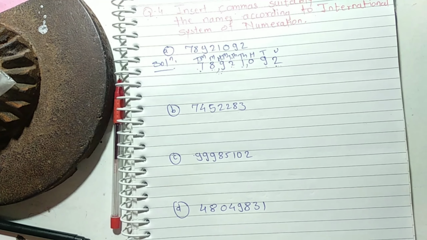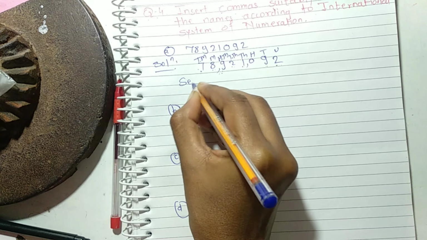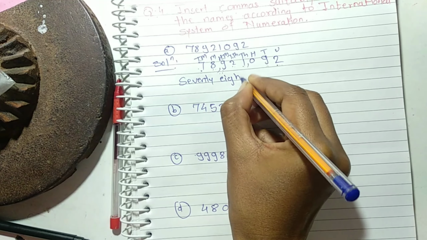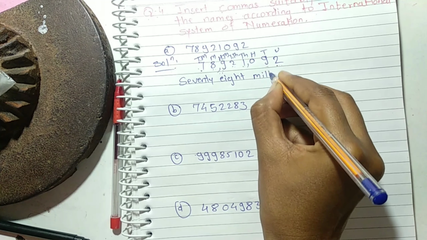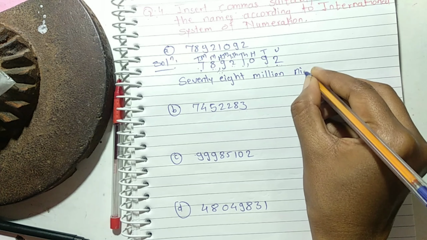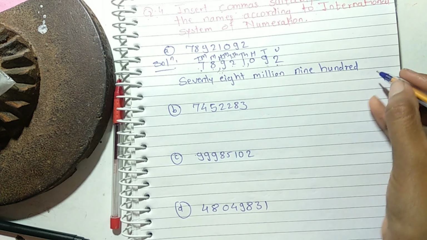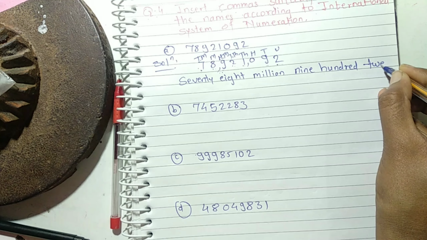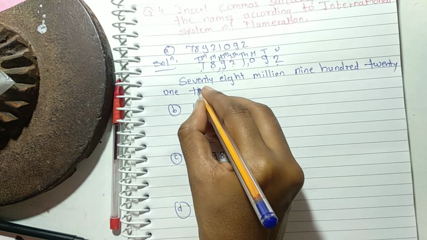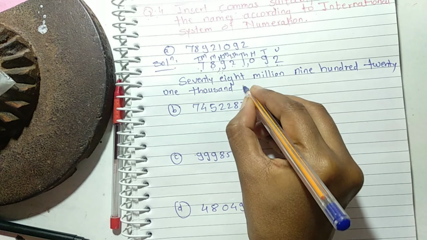Now write down the name: 78 million 921,092.